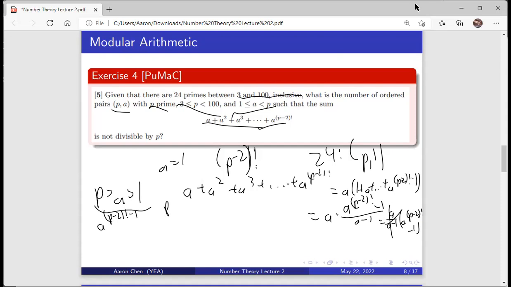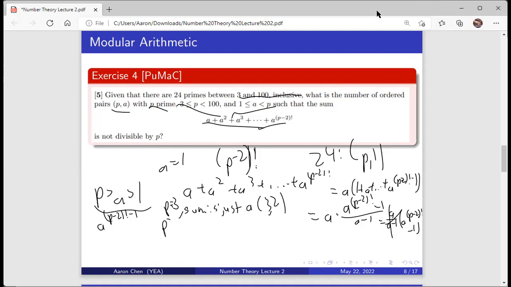So if P is 3, then the sum is just A. And so that means that (3, 2) is a valid solution. And that's because the only number between 1 and 3 is 2.